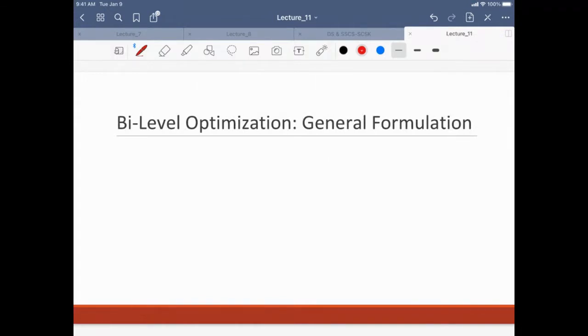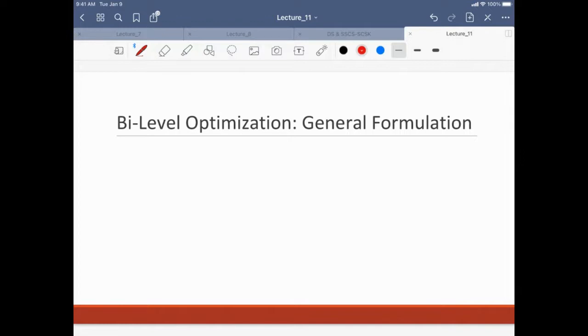Okay, so I'll cover bi-level optimization, and this will be the end. This is again a very powerful framework. MAML is one example, but broadly speaking, bi-level optimization is a very important framework of optimization, though we didn't cover it.